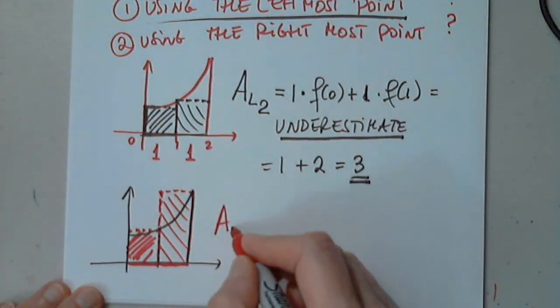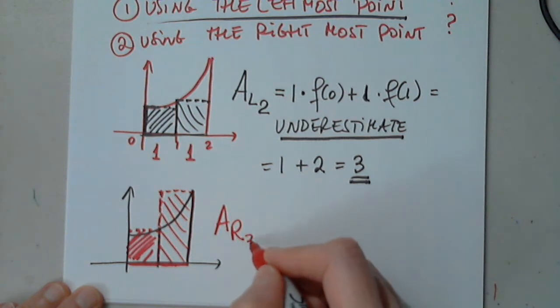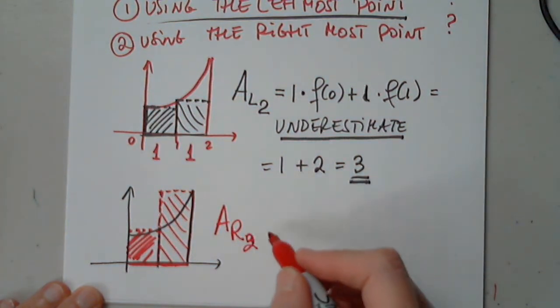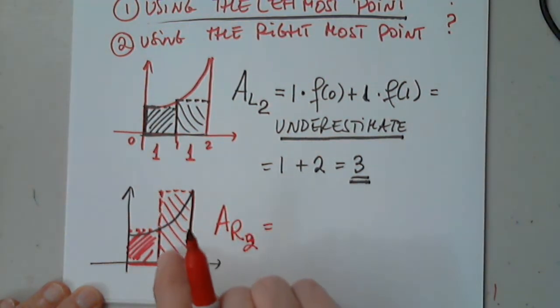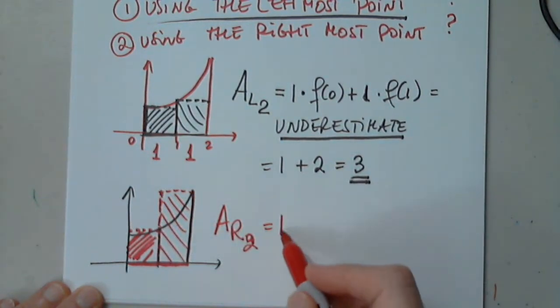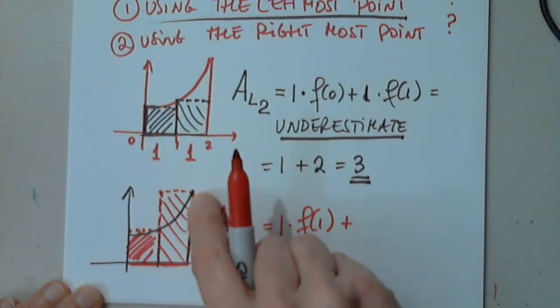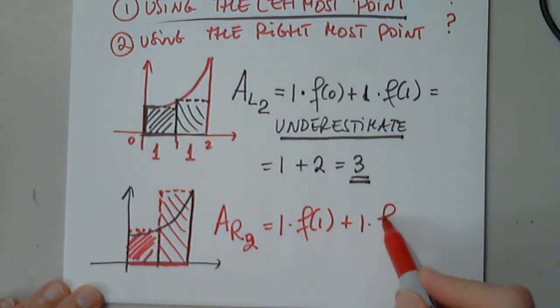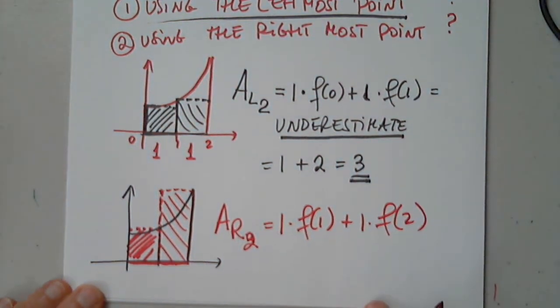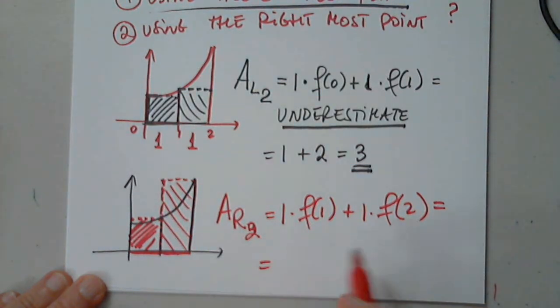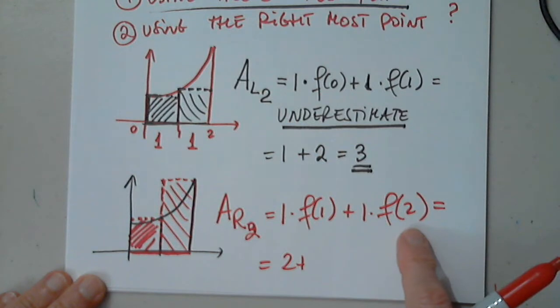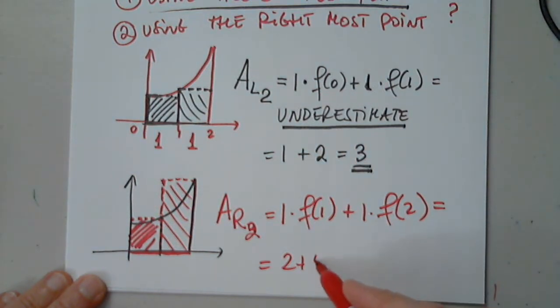So the area with the rightmost point and 2 subintervals is base times height, 1 times f of 1 plus base times height, 1 times f of 2. So f of 1, I know, is 1 plus 1, which is 2, and f of 2 was 4 plus 1, 5. So the answer is 7.